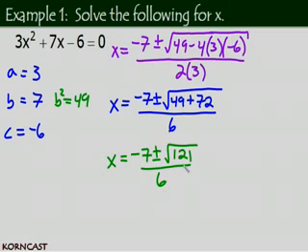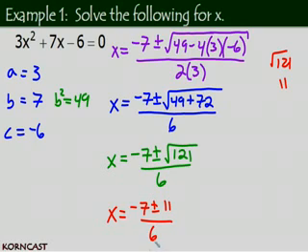And now to simplify the square root of 121. Well, the square root of 121 is 11. So I get x equals negative 7 plus or minus 11 divided by 6.